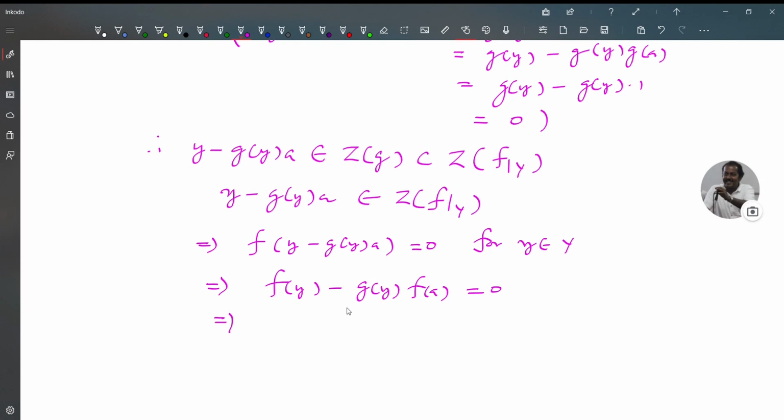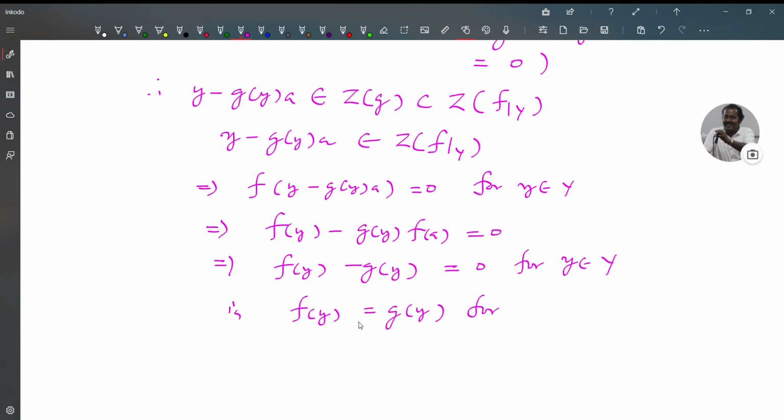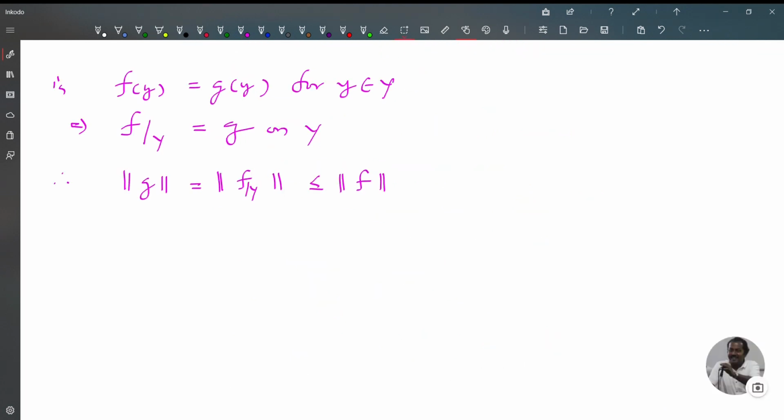So this implies f of y minus g of y equal to 0 for y in Y. That is, f of y equal to g of y for y in Y, or the meaning of this is f restricted to Y is g on Y. Therefore, norm g is equal to norm f restricted to Y. This is less than or equal to norm f by the definition of norm. We take this as equation 1.